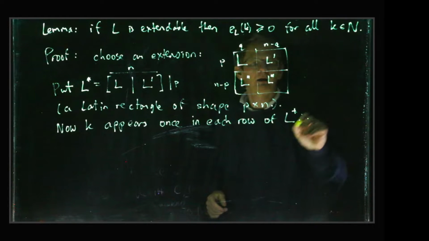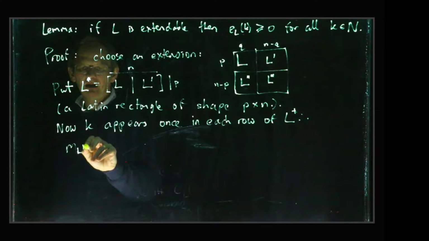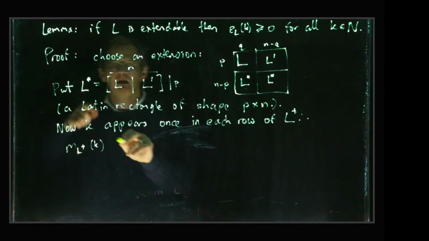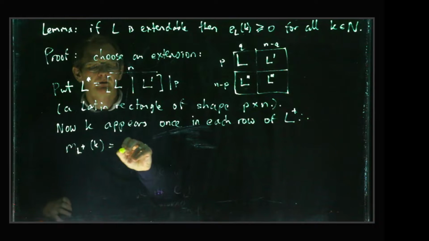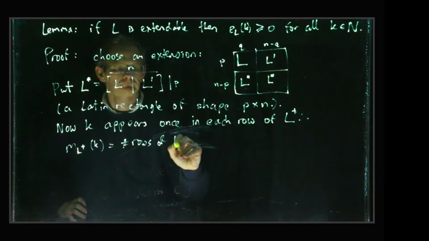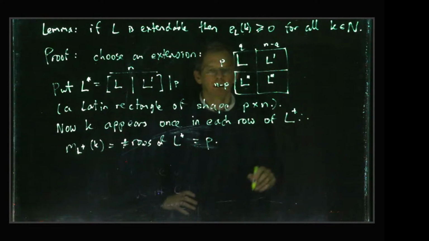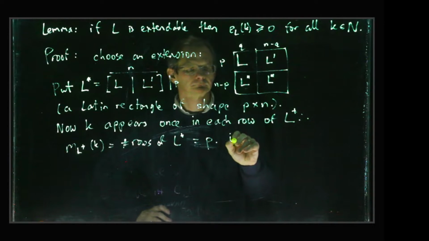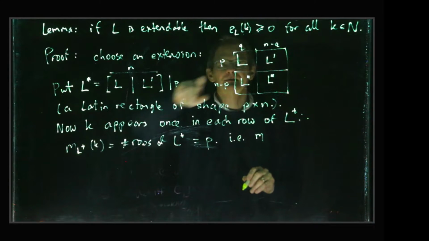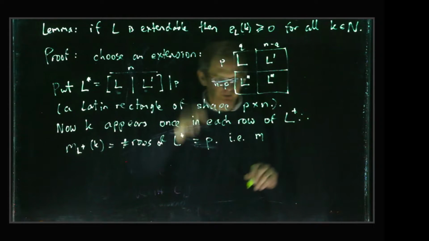So in other words, the multiplicity in L star of K, well, you get one K in each row, and there are P rows, so that's equal to P. But the multiplicity in L upper star is the number of times you see the K in L plus the number of times you see it in L prime.